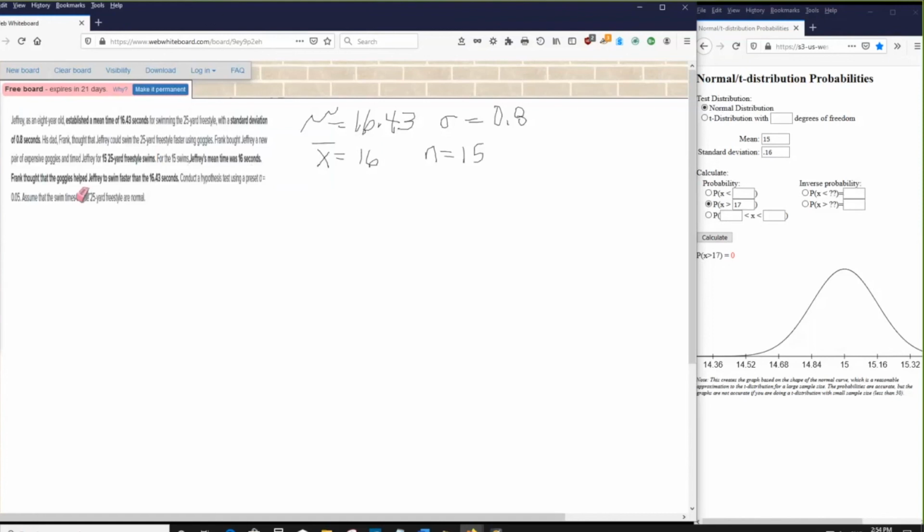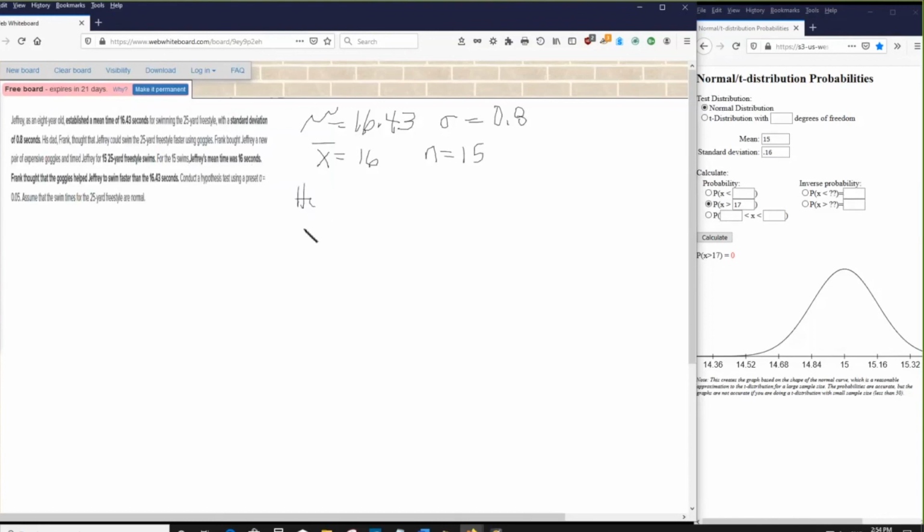So then we have to hypothesize. So he hypothesized that the goggles are going to help his son to swim faster. So then we want to set this up as a hypothesis test.